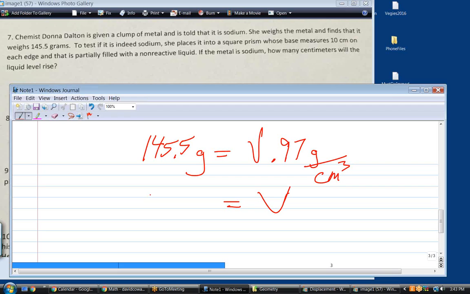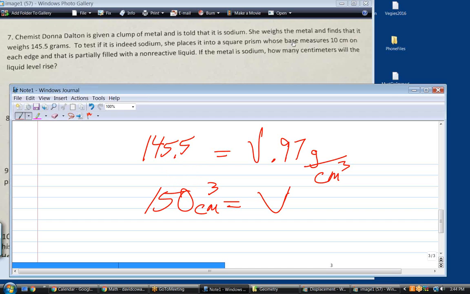Exactly. And notice that that's going to be cubic centimeters. In other words, when I take grams and divide by 0.97 grams per cubic centimeter, and I flip and multiply, I end up with cubic centimeters. So you're saying that number is 150? Mm-hmm. So the volume is 150 cubic centimeters.